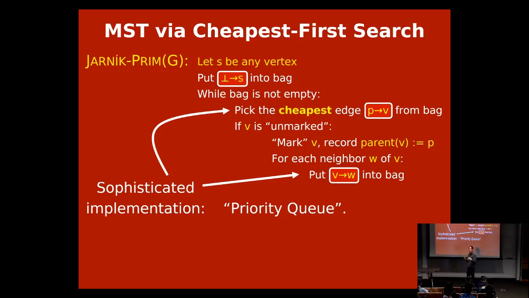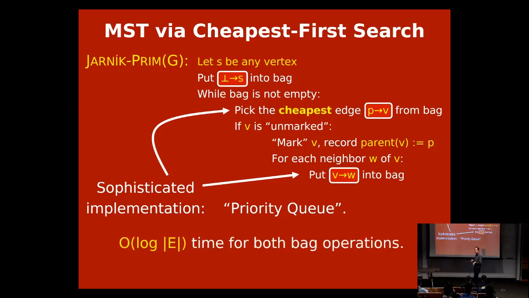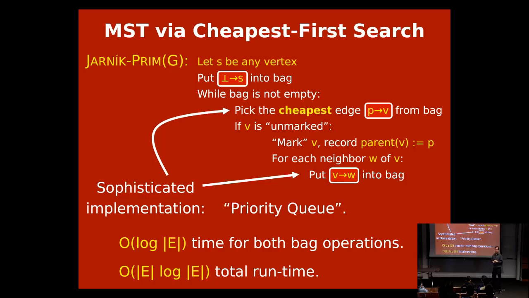If you want to keep it totally sorted, then taking out the cheapest edge is very fast, but putting an edge in is very slow because you have to resort everything. So there's a nice trade-off between those two things, and you can get it so that both the picking and the putting are logarithmic time. I won't say how. It takes a little while to explain. But anyway, you can do this algorithm in E log E time, M log M time, which is actually quite good.